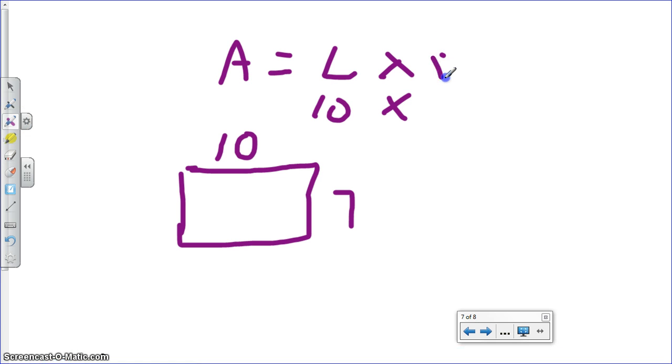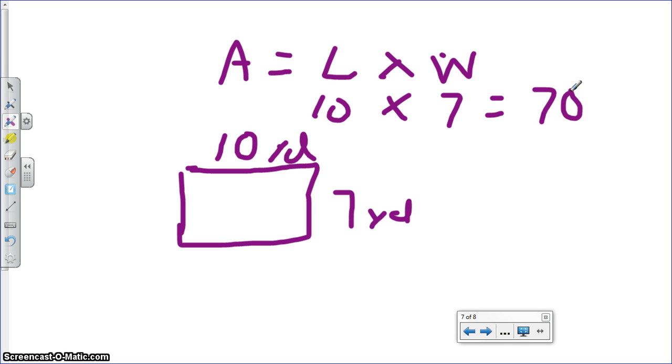Okay. Which is 7, and that's going to give me my area. So we're going to say it's 10 yards, so we'll put YD for yard. Okay, so 10 times 7, well, that's 70. So I would have a yard that is 70 square yards. And what that means is if I had to make a grid in that backyard, I would be able to fit 70 square yards all inside my yard. Okay?